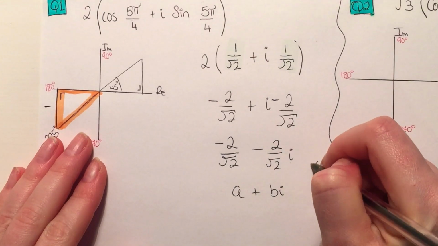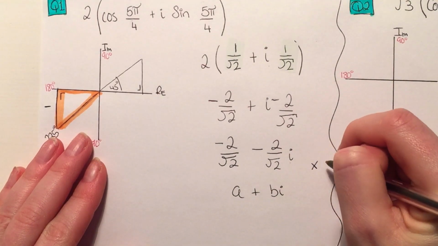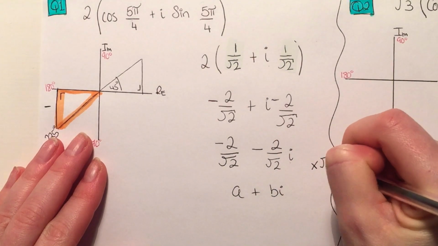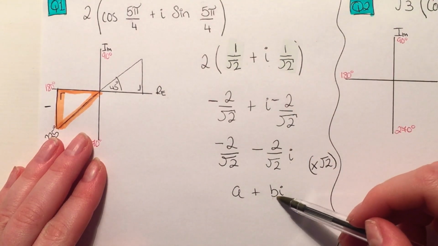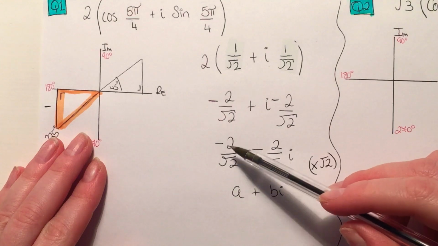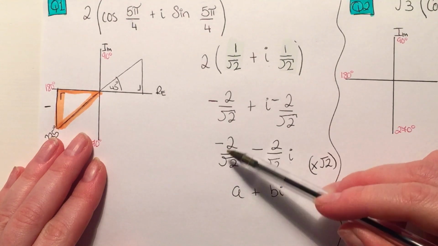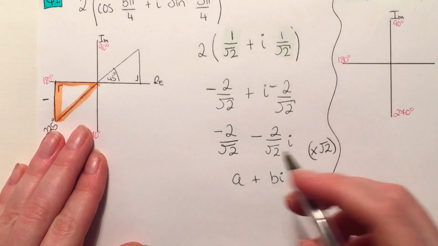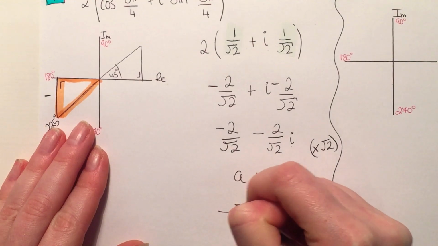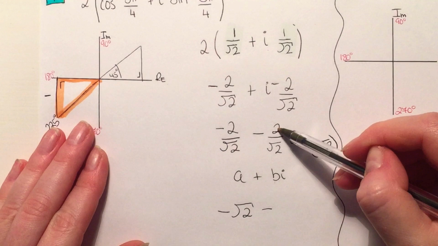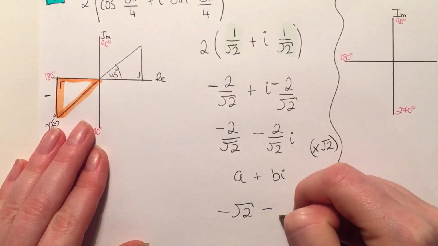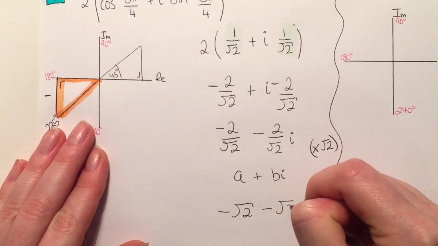So if I multiply everything top and bottom by root 2 here, hopefully that'll help us simplify down into this form. So if we multiply this by root 2, and this by root 2, I should get root 2, and then again if I multiply this by root 2 and this by root 2, that'll leave me with just root 2.